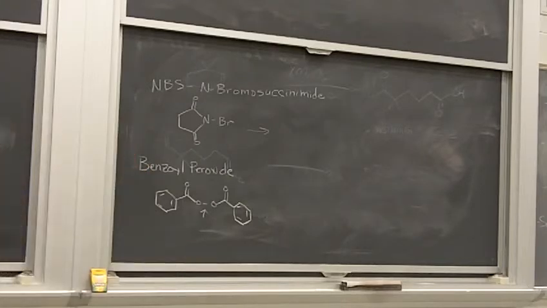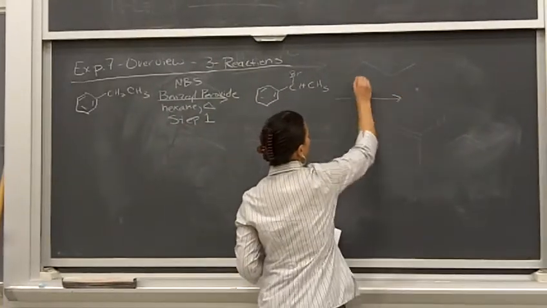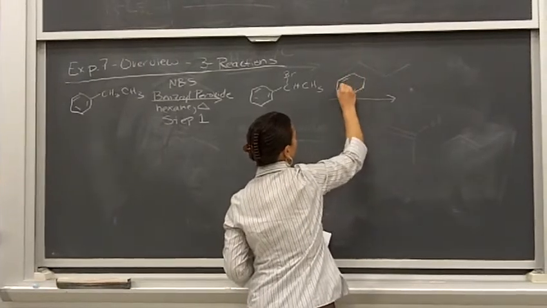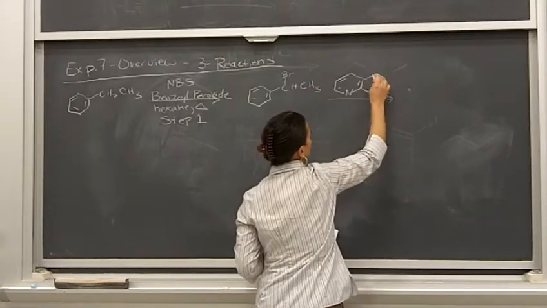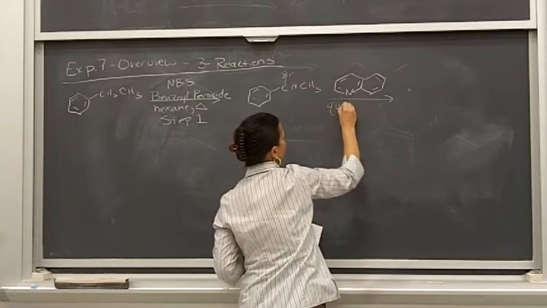So from our bromoethylbenzene, next week then we are going to be reacting it in quinoline. So we'll talk about this next week, why we're doing it this way. This is our quinoline.